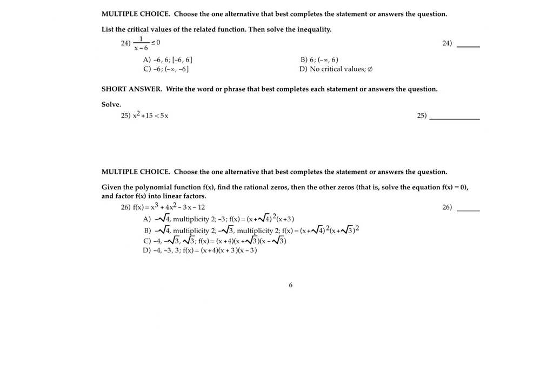For 25, just make sure that you solve it first. So this is going to be x squared minus 5x plus 15 is less than 0. Set it equal to 0, or in this case less than 0, and then you can use your calculator to help you out from there. I'm wanting to know, when is this function less than 0?